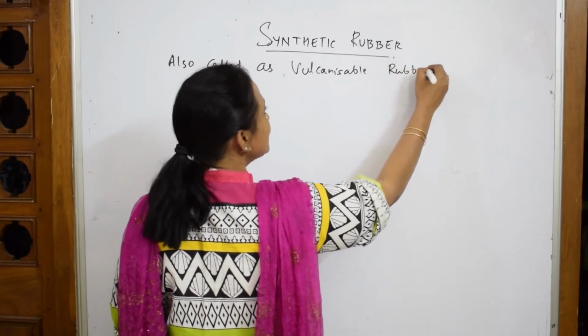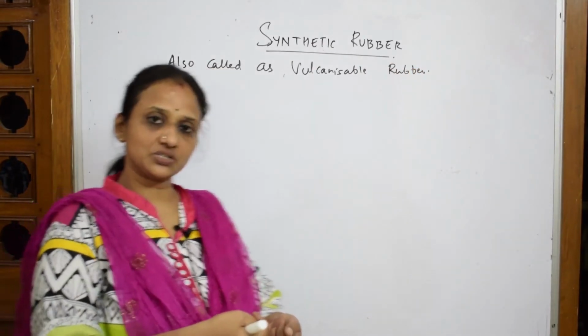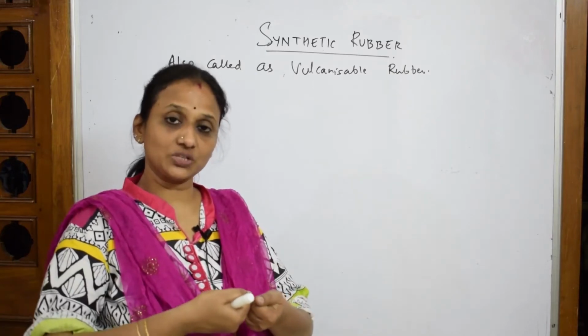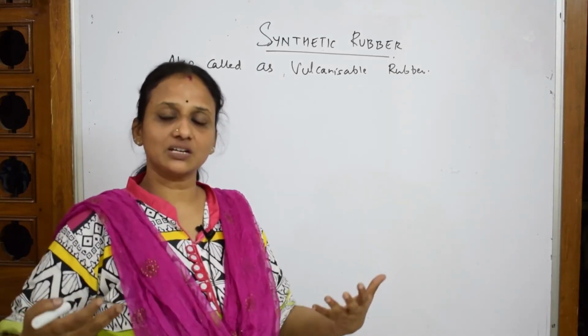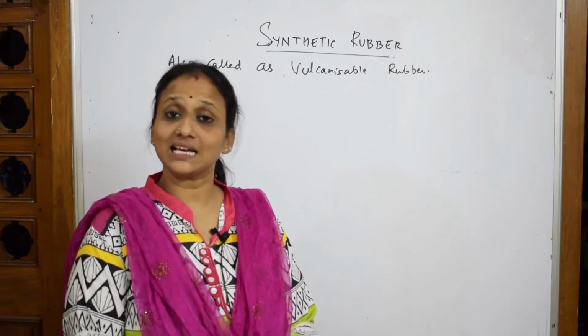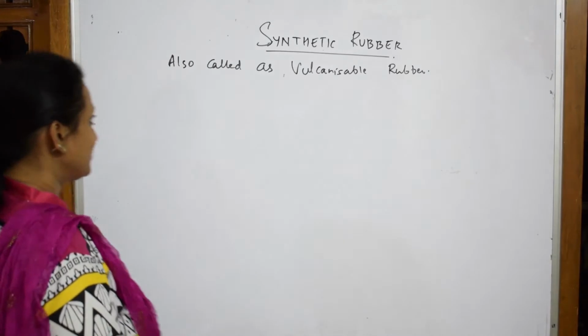Done. So when I speak about synthetic rubber, you can stretch it almost twice its length. Again, when you release it, it reverts back to its original position. That is why we call it elastomers, isn't it? Done. So let's write that.